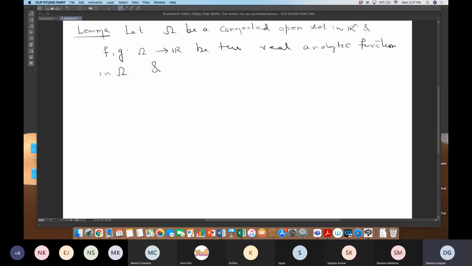Suppose for some x naught in omega, we have D^alpha f(x naught) equal to D^alpha g(x naught) for all alpha.